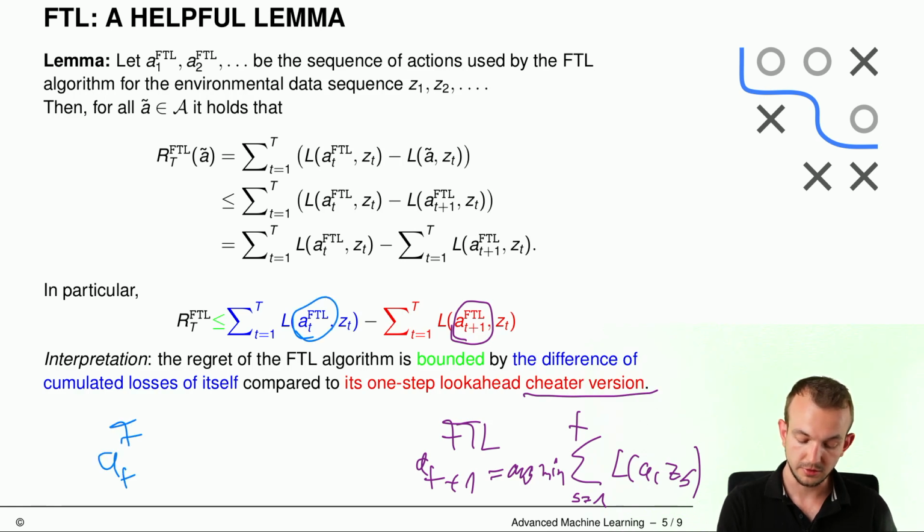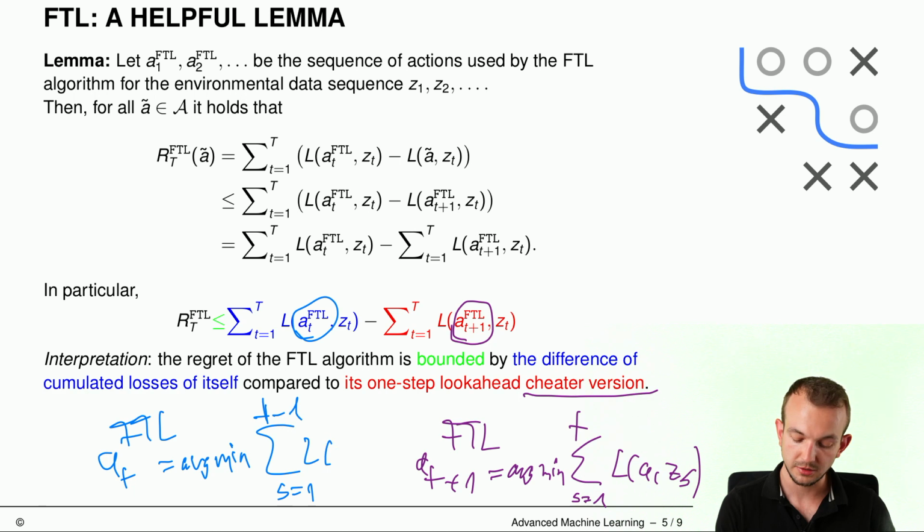So here we are only looking at the cumulative loss till time step t minus 1, because in time step t we only have this data. But the t plus 1 follow the leader action rule would also include the environmental data point in time step t.